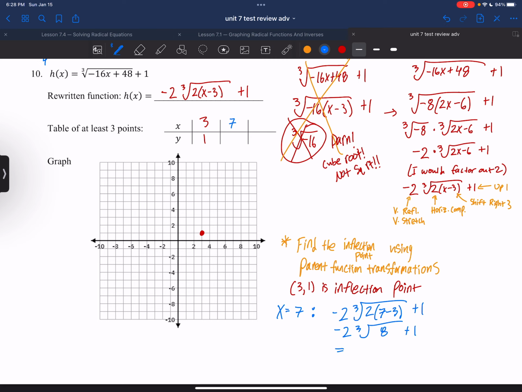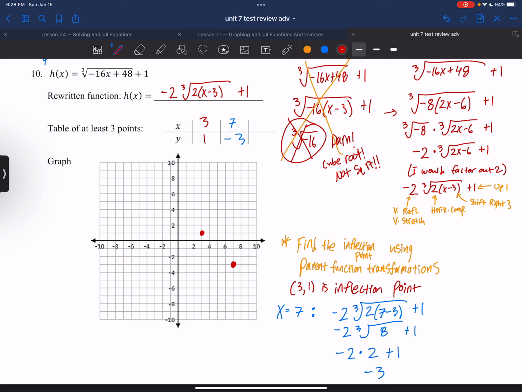So that's equal to negative 2 times 2 plus 1. That's negative 4 plus 1, which is negative 3. So my result is the point 7, negative 3. Yes. Okay.